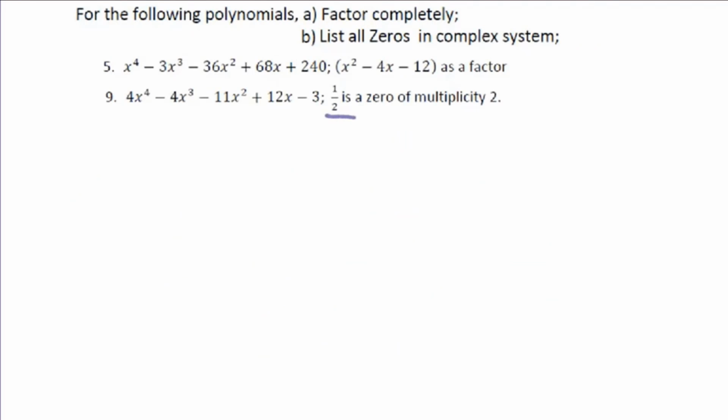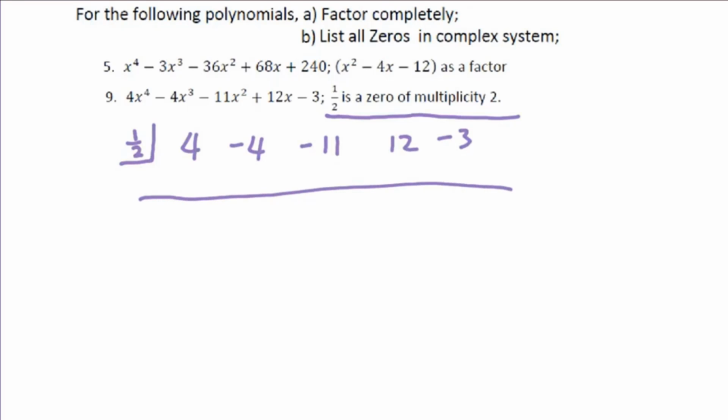We know 1/2 is a zero of multiplicity 2. So we put the 1/2 twice. No missing power. We got 4, negative 4, negative 11, 12, negative 3. 4. Multiply by 1/2 means divided by 2.